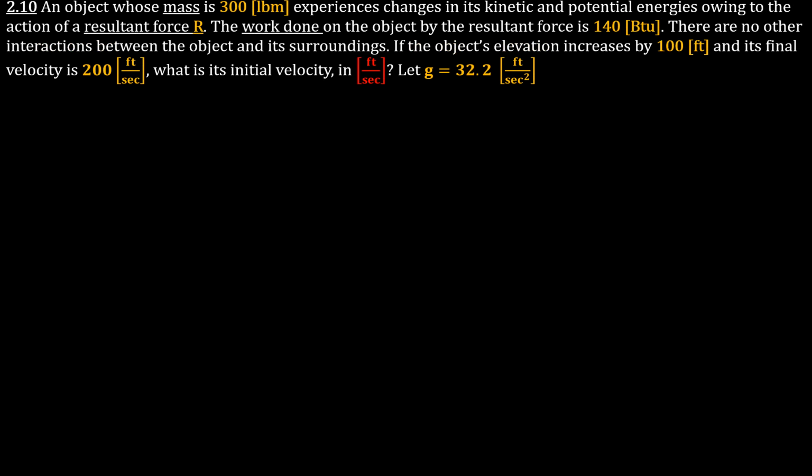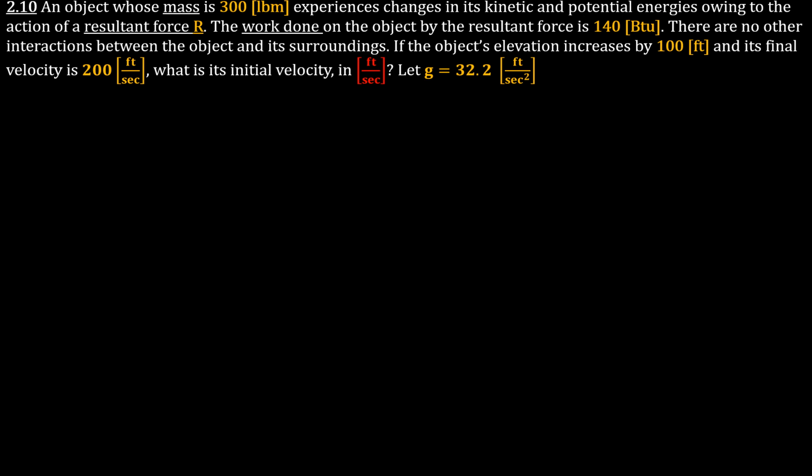All right, problem 2.10. It tells us an object whose mass is 300 pound mass experiences changes in its kinetic and potential energy owing to the action of a resultant force R. The work done on the object by the resultant force is 140 BTU.